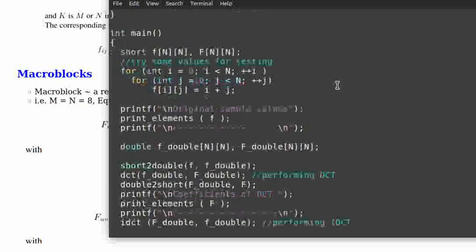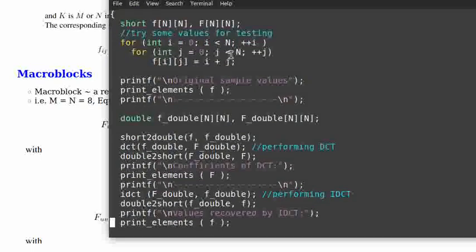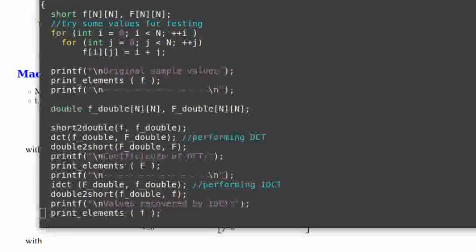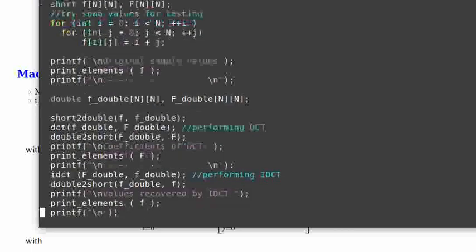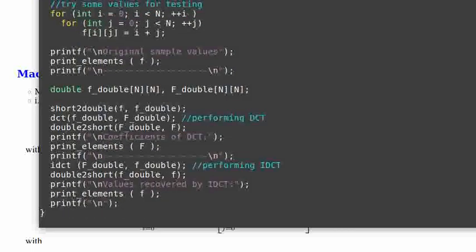We try some integer values. F(i,j) is i plus j, and then we declare the F double for the functions, so we change these F integer values to doubles, and then perform DCT.